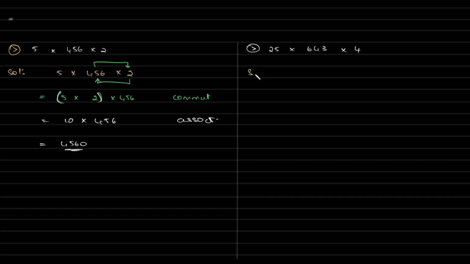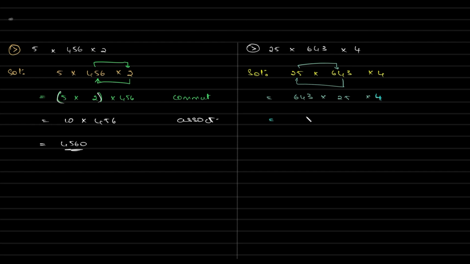The next question. Write the question down. So we are going to shift this around, so we have 643 into 25 into 4, right?